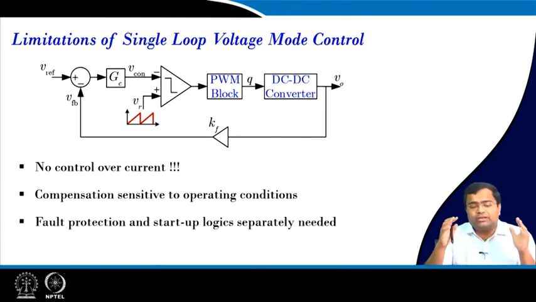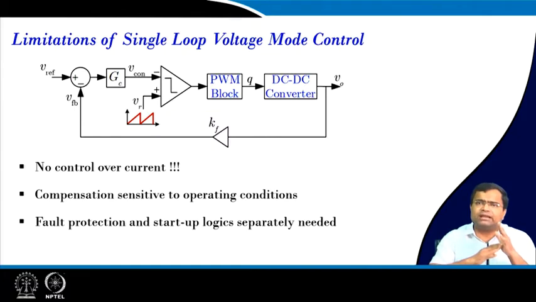Then you need to consider the fault protection and the startup logic. These are also very important, and this can be slightly difficult in voltage mode, because in startup in voltage mode, you need to intentionally keep the process slow, because there is no control over the current.